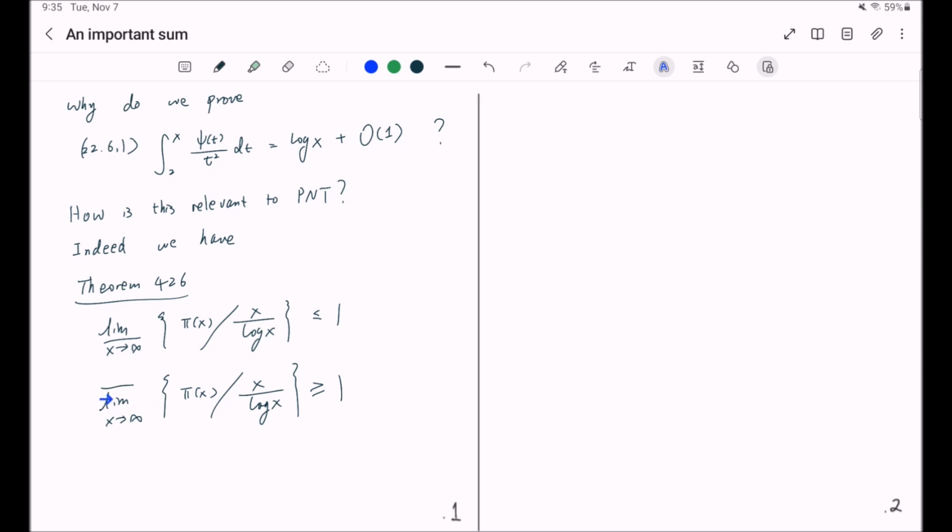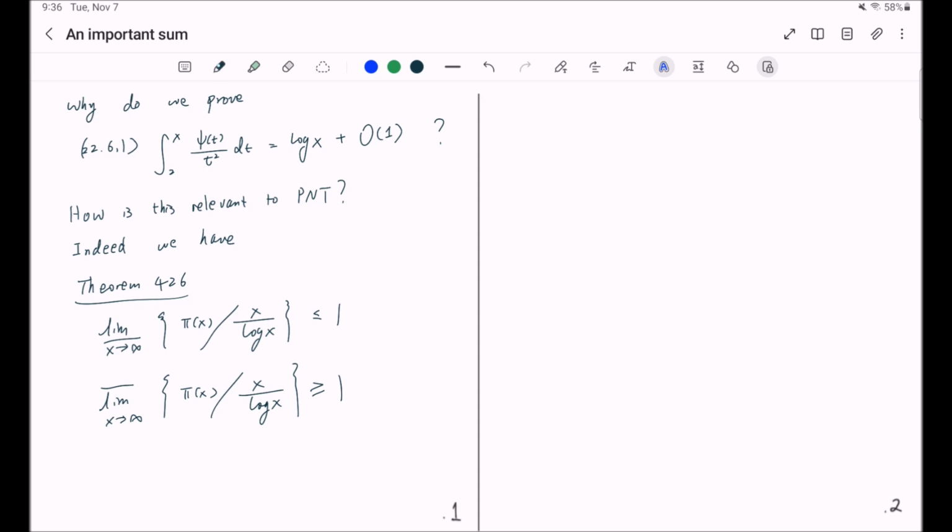But at the same time, lim sup of pi of x divided by log of x is bigger or equal to 1. And you might think, because the prime number theorem concerns the limit of this ratio, are we able to obtain the prime number theorem immediately from these two inequalities?